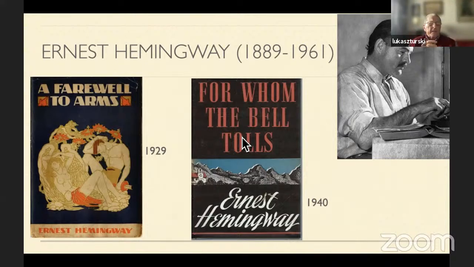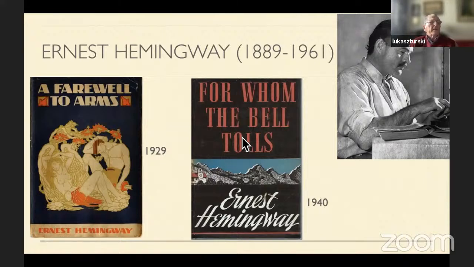And the civil war which started was, of course, between two sides, the rebellion army of Franco and the government army.